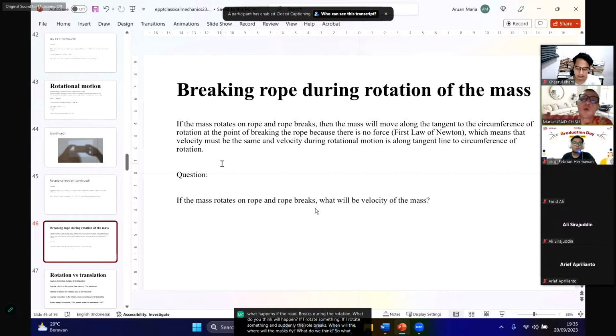Will it fly away from rotation along the rope, but away, or will it fly following the tangent line, or maybe there will be something else happening?